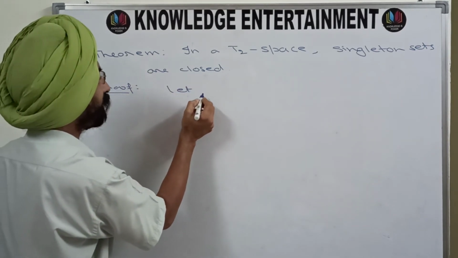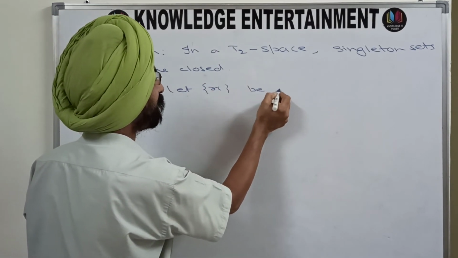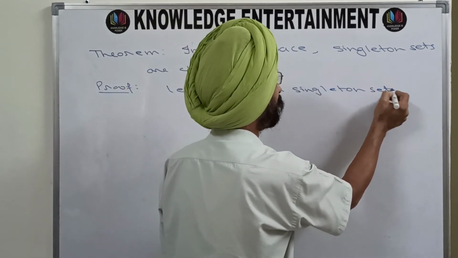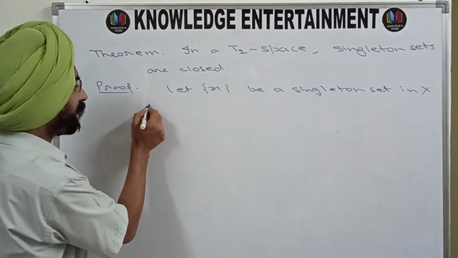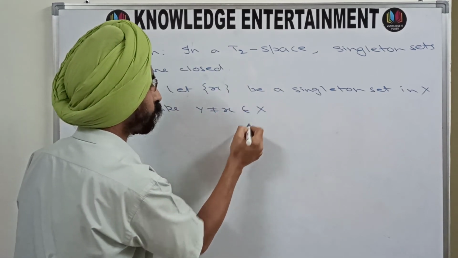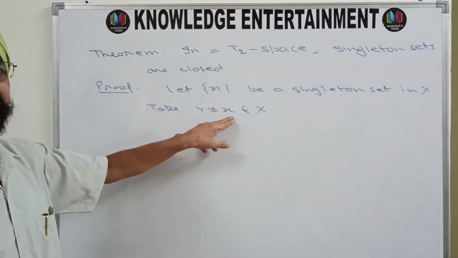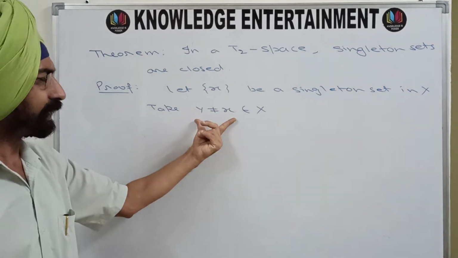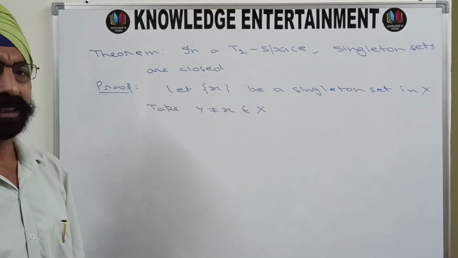Let {x} be a singleton set in capital X. That means this x is an element of X. Take y not equal to x, also belonging to X. One element I have taken as x, the other one is a distinct element from x, that is y, and both these x and y are members of X. But this X is a T2 space, given.